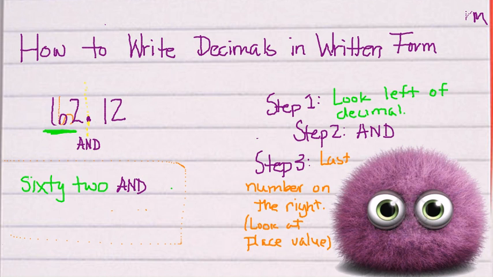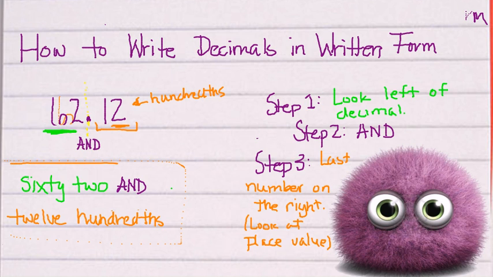Finally, step 3: we identify the last number to the right, which is in the hundredths place. Then we simply say this number, 12, and add its place value at the very end. So the way you read this number is 62 and 12 hundredths.